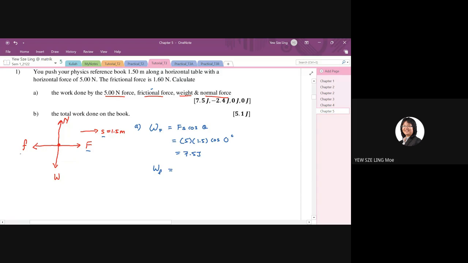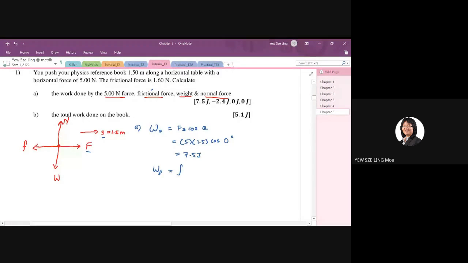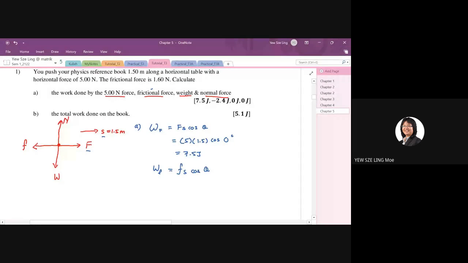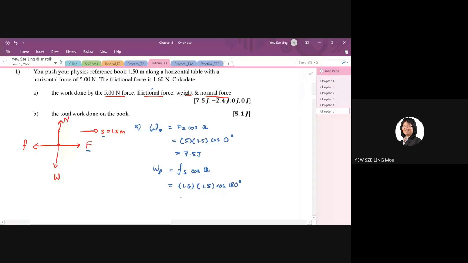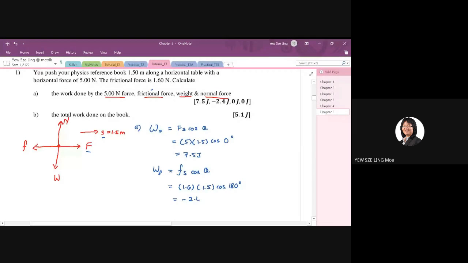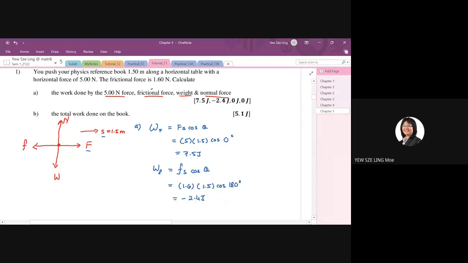Now you're looking at the frictional force, so small letter f: frictional force times s cos theta, which equals, given the frictional force is 1.6 and s is 1.5, cos 180 degree, which is then negative 2.4 joule. It means you have an energy loss equivalent to 2.4 joule if you want to move this object by 1.5 meter. So this 2.4 joule is being used to overcome friction on the table.